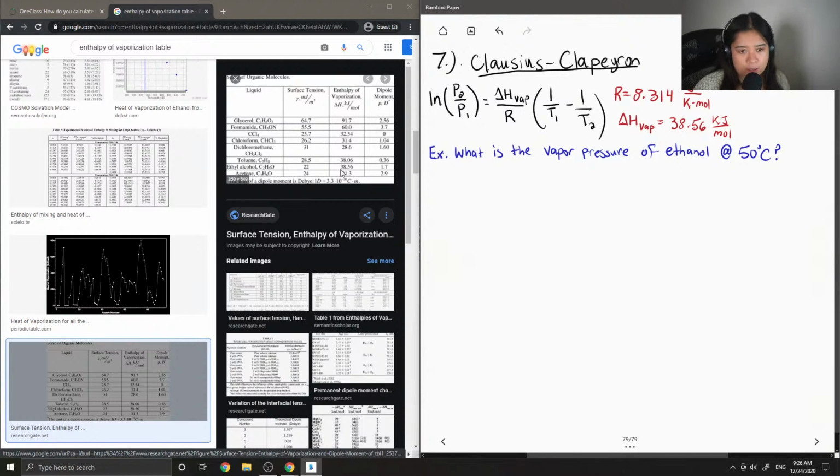But since our R value is in joules, I'm going to convert from kilojoules to joules for the enthalpy of vaporization value. So that's a J if you can't see it. This can be converted to 38,560 joules per mole.